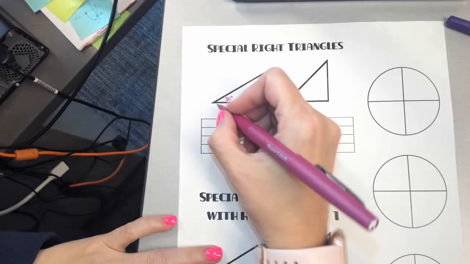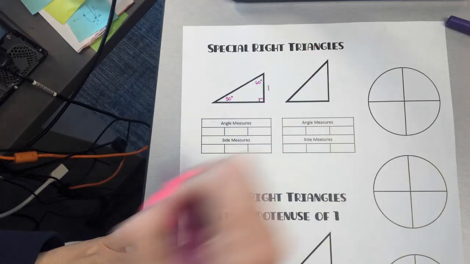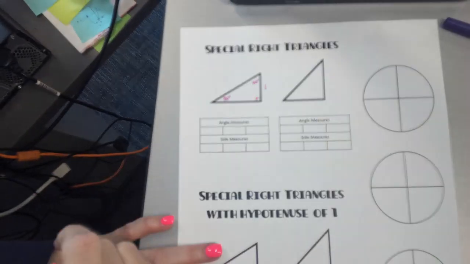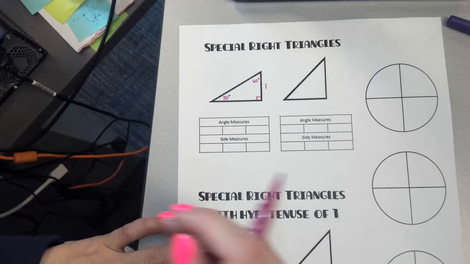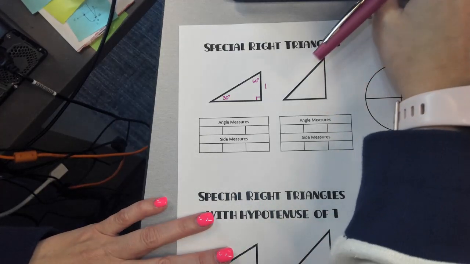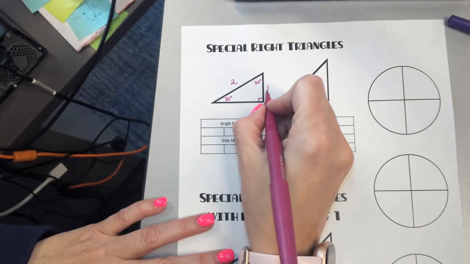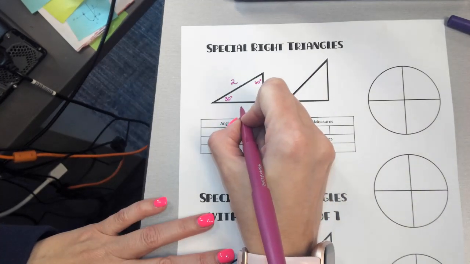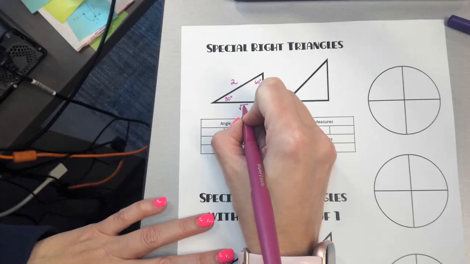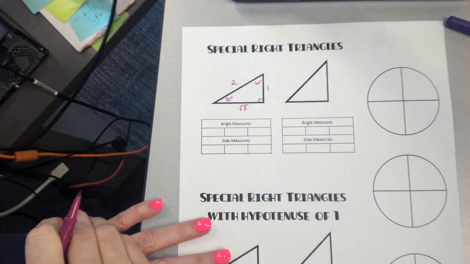And generally, we say if the short leg is 1, do you guys know what the hypotenuse is compared to the short leg? Yep, it's 2. It's double. So 2. And then compared to the short leg, this one would be root 3. Yep, because it's 1 times root 3.